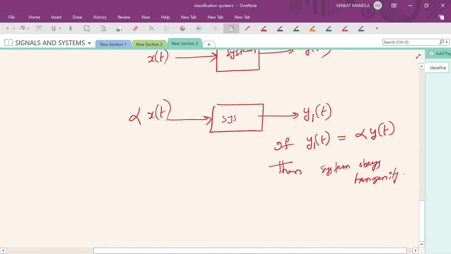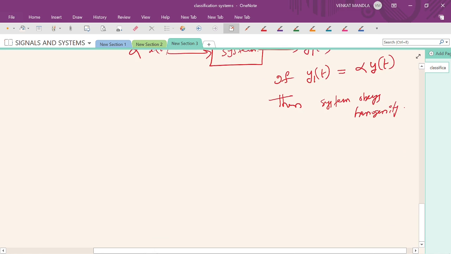It is the same system. So what do I do in problems? If I have been given a system input output relation, let us say x of t and y of t.